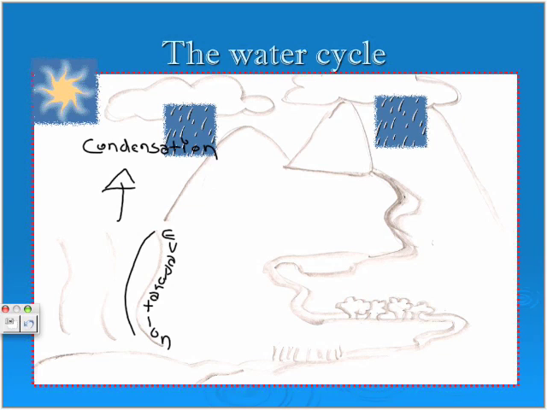And then after the clouds get formed and get heavy, it rains, which is called precipitation. And then it's the runoff, like the rain goes to the glaciers, and then the process continues. And then when it gets to the ocean, it evaporates again, and it continues the process.